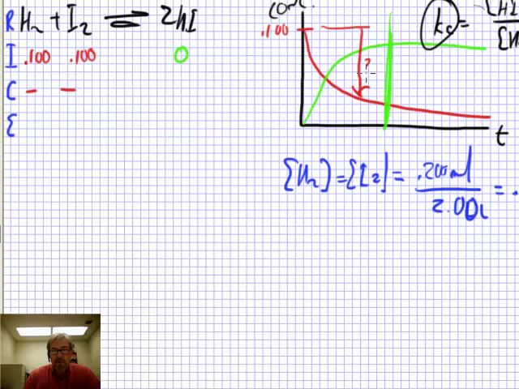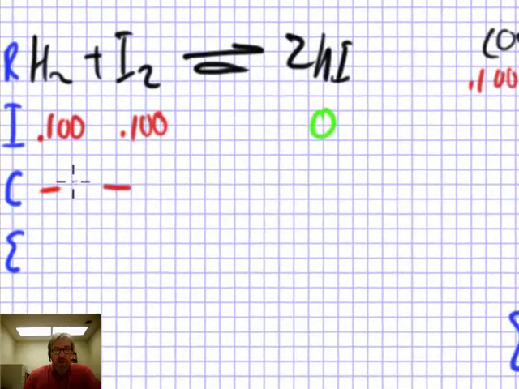Well, it's a variable. It's an unknown. So let's call it X. So we're going to say that this value drops by X. Because of stoichiometry, we know every time we use up a mole of H2 or I2, we're going to create 2 moles of HI because the coefficient is 2. So if we lose X moles of H2 and I2, we are going to gain 2X moles of HI.